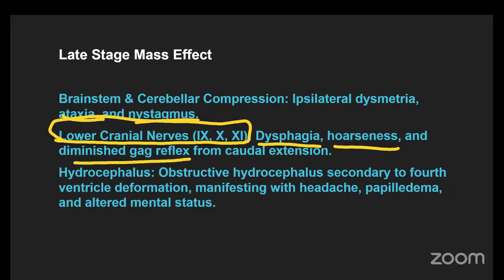Sometimes, even before we examine the patient, the way they talk, their voice, and their complaint of recurrent cough gives us this warning that there might be lower cranial nerve involvement. Apart from that, you can have hydrocephalus and all the manifestations that come with raised ICP.